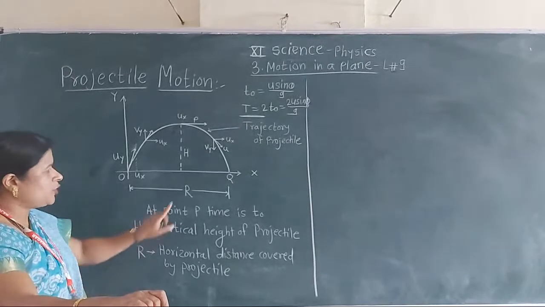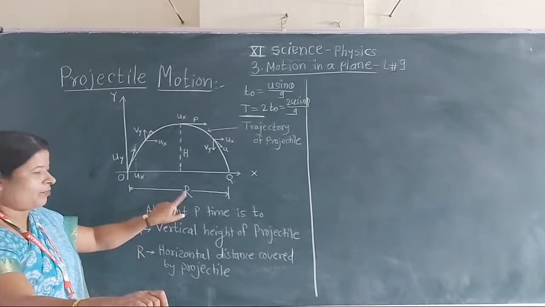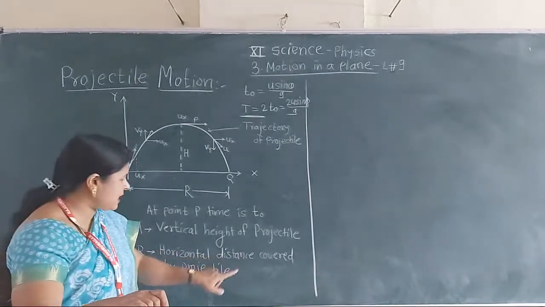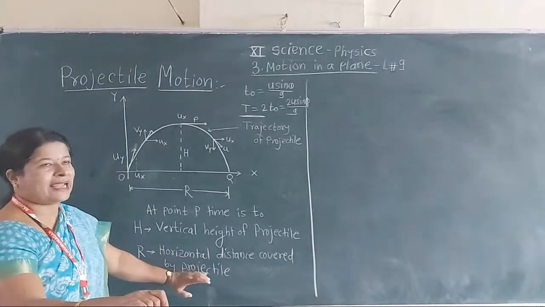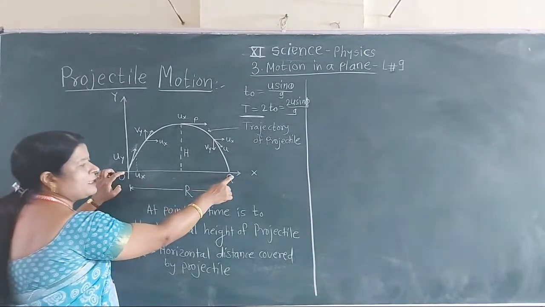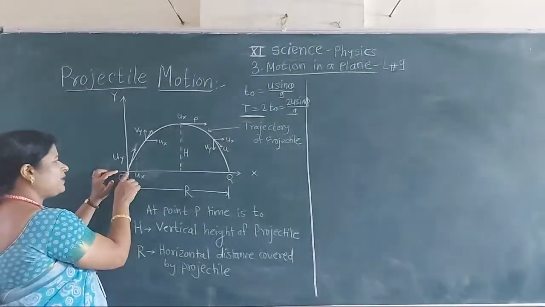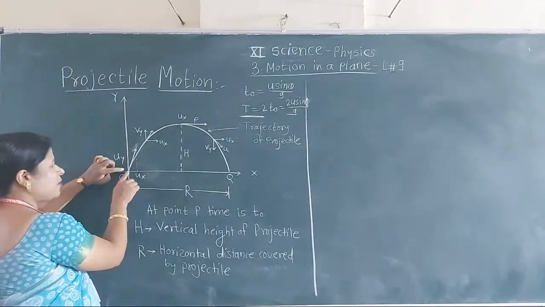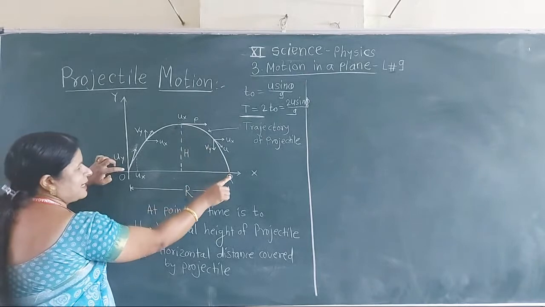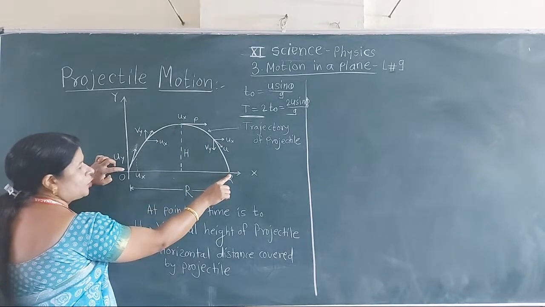For the range we use capital letter R, the horizontal distance covered by the projectile from starting point O to end point Q. For example, this projectile starts from point O, covers its path and ends at point Q.